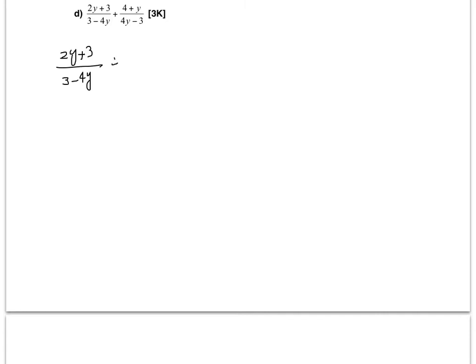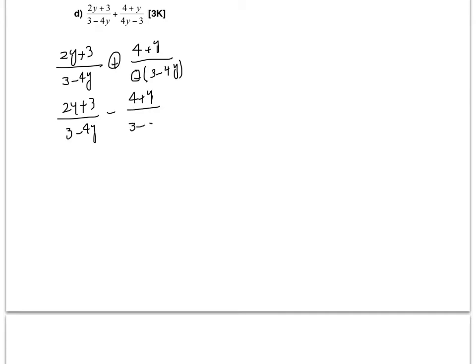So I get plus 4 plus y over negative times 3 minus 4y. Now this addition and this minus sign, they multiply, they give you minus. So we get 2y plus 3 over 3 minus 4y minus 4 plus y over 3 minus 4y.